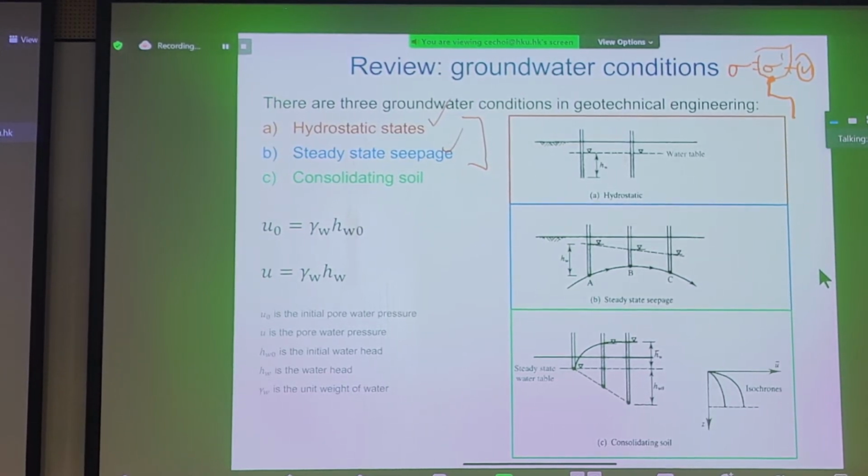I don't care, so I use total stress analysis. Right? So bear in mind, groundwater conditions, these are three general states that we care about: hydrostatic, steady state, consolidating. Of course this is something that you can review, but it should be quite ingrained in your mind as a geotechnical engineer at this stage of your degree.